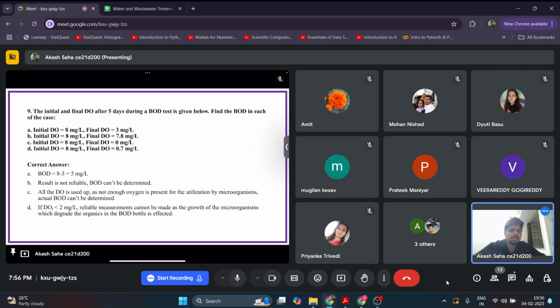Now you have an estimate of BOD, around 280. This much BOD you cannot measure in a BOD bottle, so you have to dilute. Dilute it 100 times or maybe 50 times and bring it into the range of 2 to 7 milligram per liter.